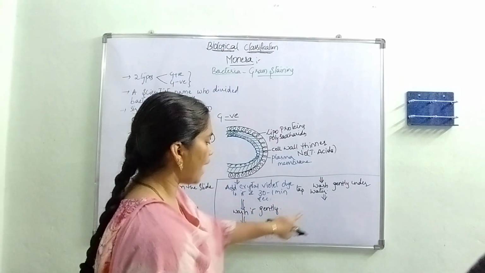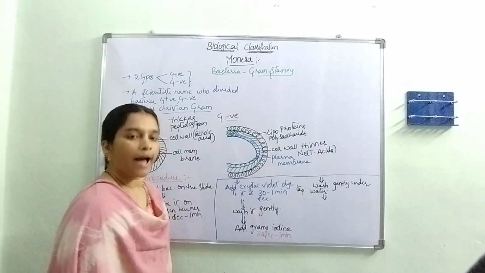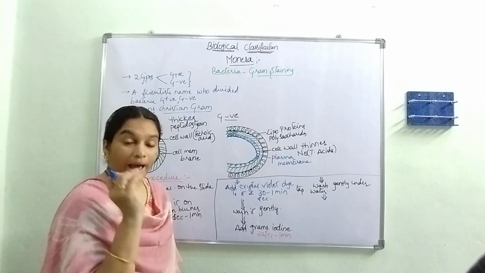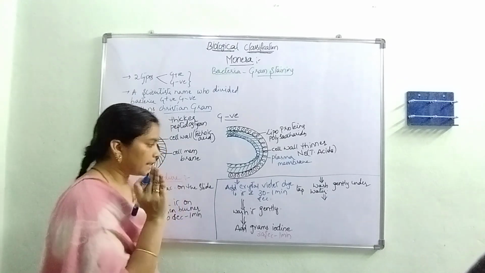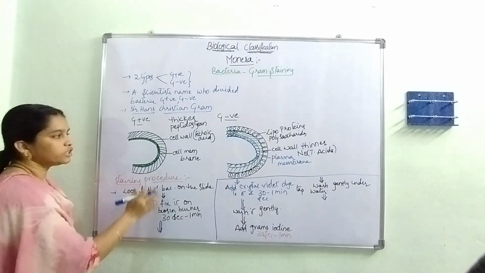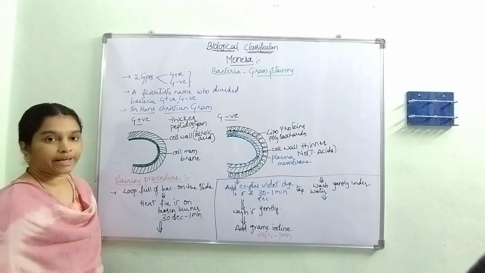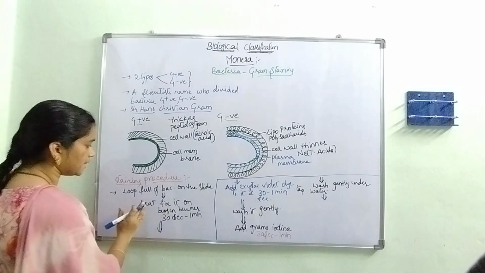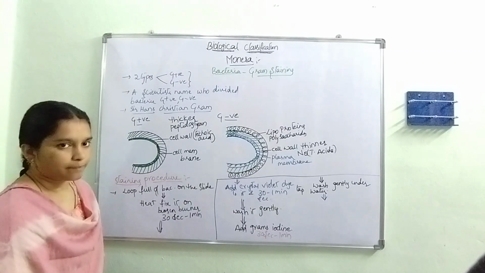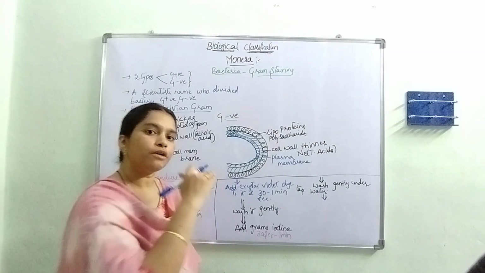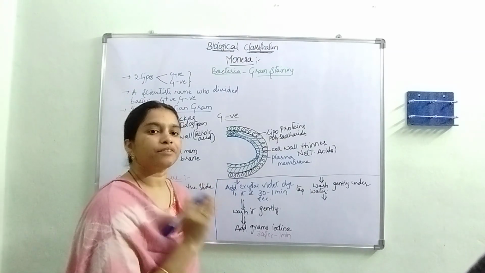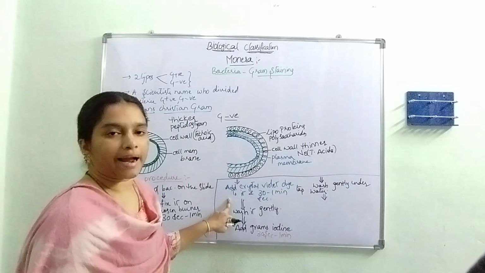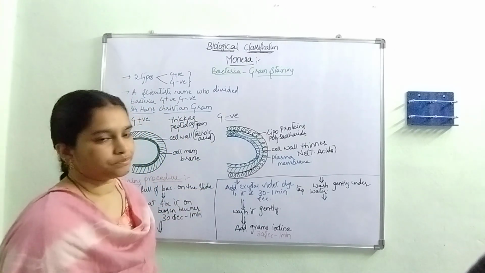Before adding the acetone or alcohol, we observe that gram positive bacteria, which have a thicker cell wall with teichoic acids and a peptidoglycan layer, retain the crystal violet dye, and after the wash with acetone or alcohol, the gram negative bacteria lose the dye.